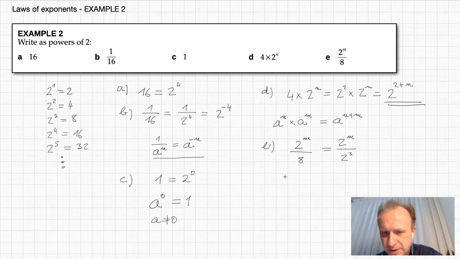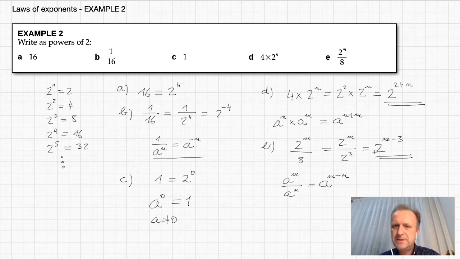Now you can use the law that a to the power of m divided by a to the power of n is a to the power of m minus n. This time the base a corresponds to 2, m is m, and n is 3, and therefore you have 2 to the power of m minus 3. And this brings us to the end of this exercise.